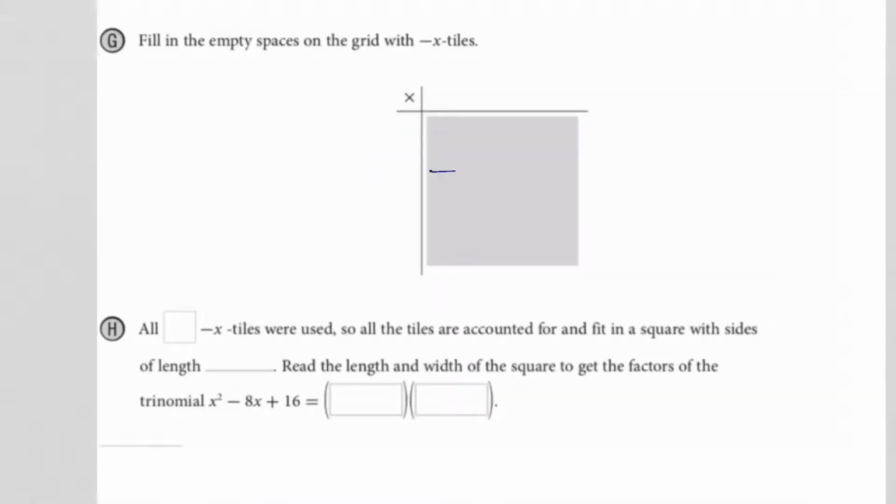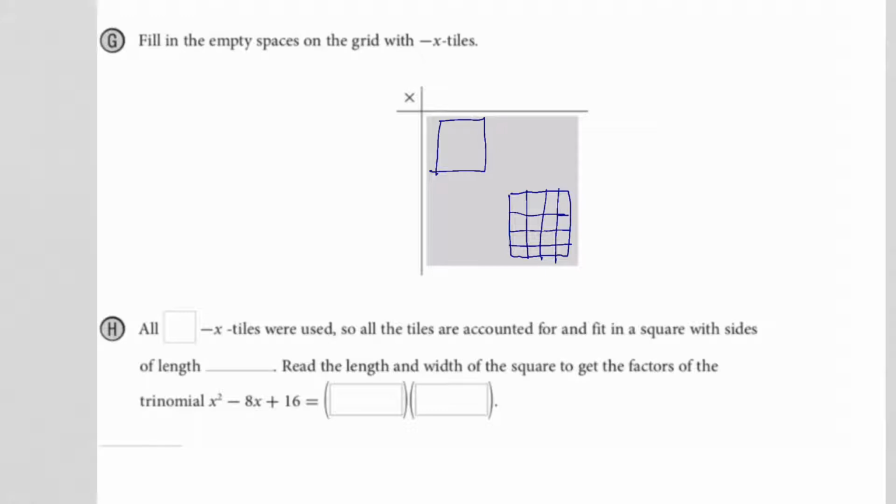All right, so here we go. We got our x squared. And I'm just going to draw this because I don't have the patience to draw 16 little unit tiles. There you go. You get the idea. That's 16 unit tiles.